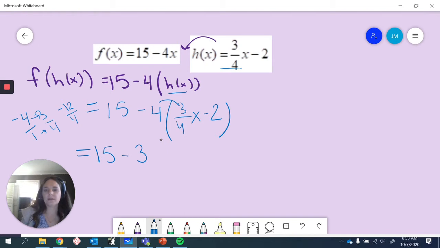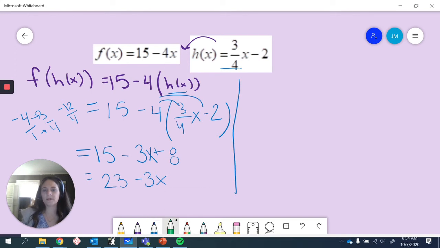And then a negative 4 times a negative 2 is positive 8. Okay, then 15. Oh, where's my x? Oh, I forgot my x. And then 15 plus 8 is 23. So there's that answer.